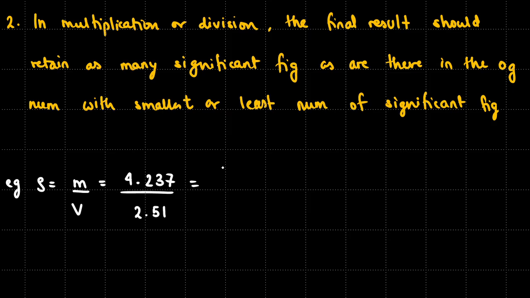If you actually do the calculation with your calculator, you will get 1.68040780876 gram per centimeter cube. But are all the terms important? Are all the terms significant? Is it something that you would find if you measure it with a more accurate measurement?